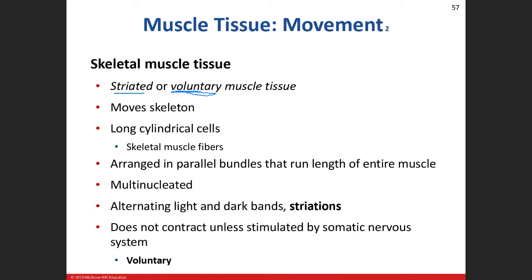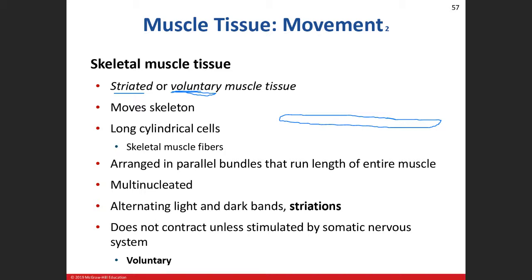So these cells, and we'll talk about it in much more detail, they're long. We already talked about it in lab. Long and cylindrical, and they're multinucleated. Because at one point, you had these baby muscle cells called myoblasts.